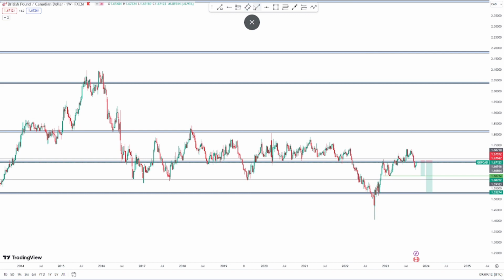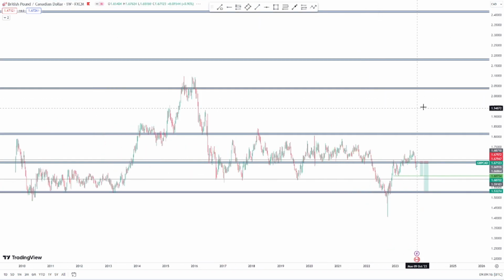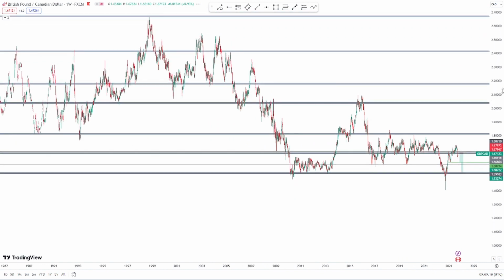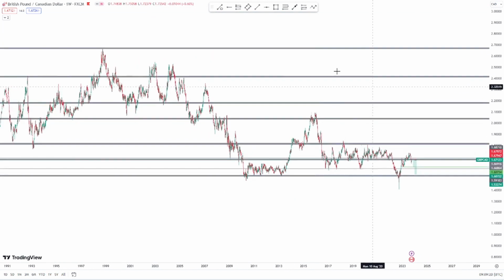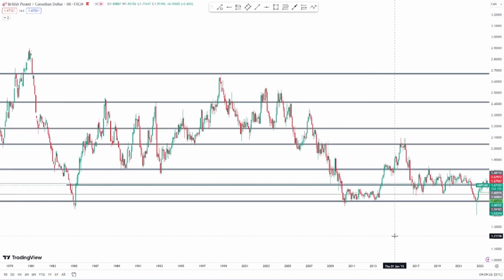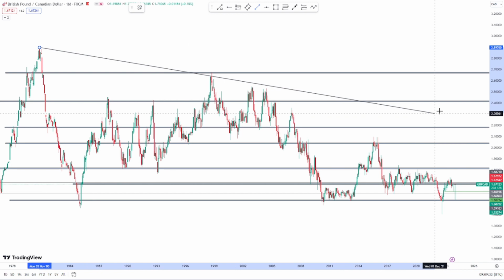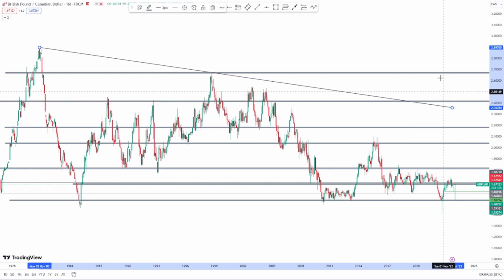But before then, let's try to draw a trend line here. Let's check that out on the monthly time frame. That'll be much cleaner. Something like this.